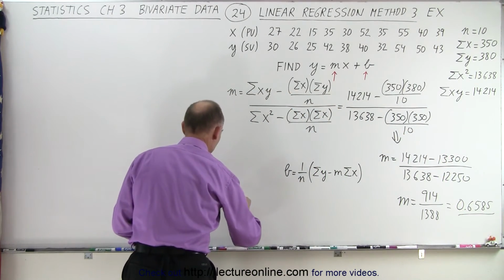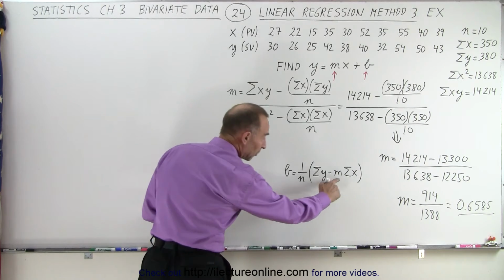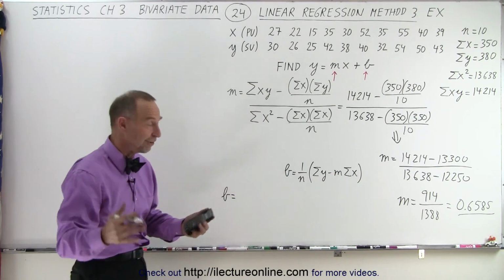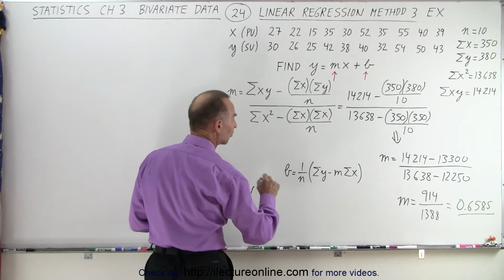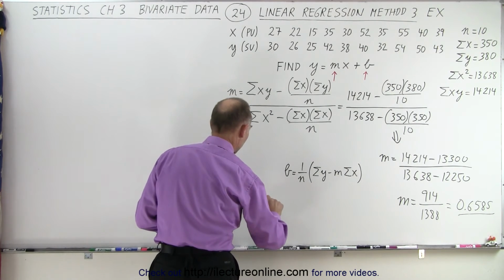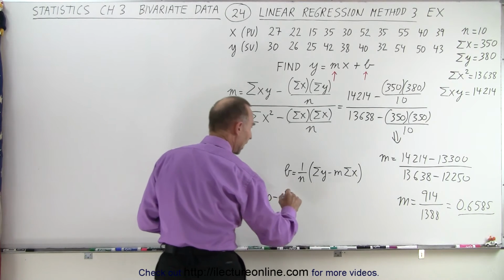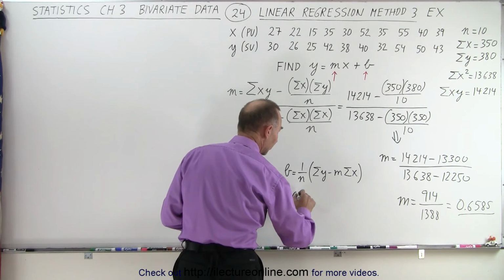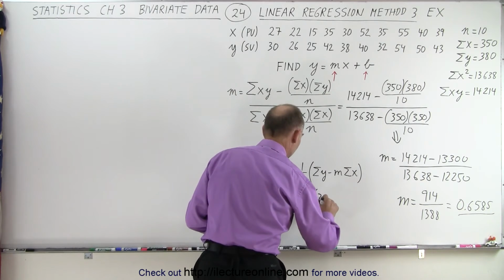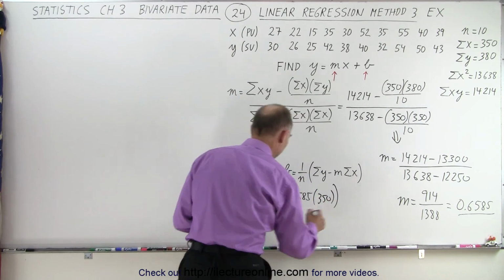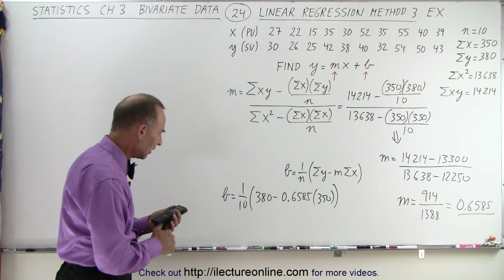And now for B, because remember, we need to find the slope before we can find the y-intercept. B is equal to 1 over 10 times the sum of all the y's, which is 380, minus M, which is 0.6585, times the sum of all the x's, which is 350. And let's see what that's equal to.